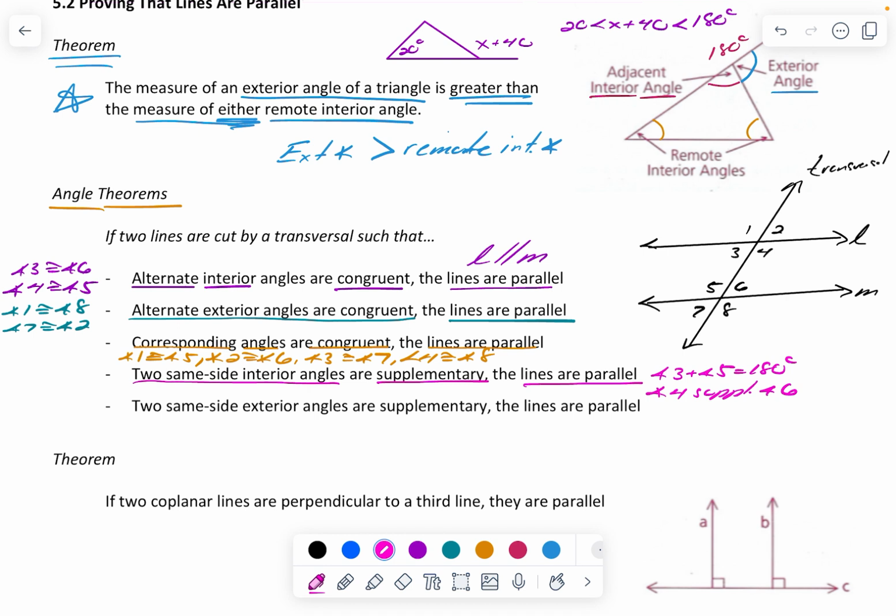And then finally, I haven't used this color yet, two same side exterior angles supplementary, lines are parallel. So same thing or similar, angle 1, oops, not congruent, supplementary to angle 7, or angle 2 supplementary to angle 8.